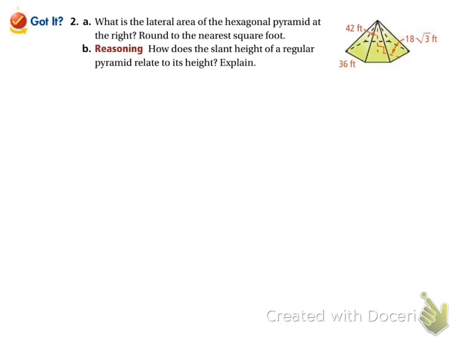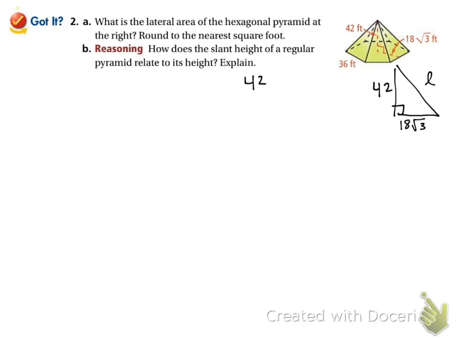So if you picture this, whoops, there's a triangle. This here is our pole, so that's 42. This is the distance on the ground, so 18 square root 3, which in our picture is actually just the apothem. And we're looking for L. So I'm going to use the Pythagorean theorem.